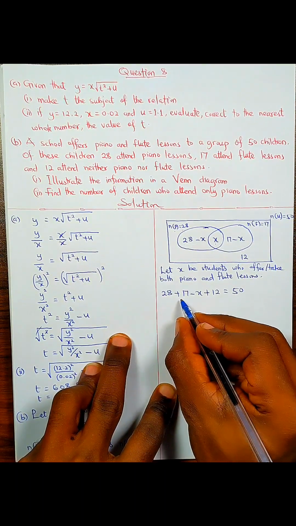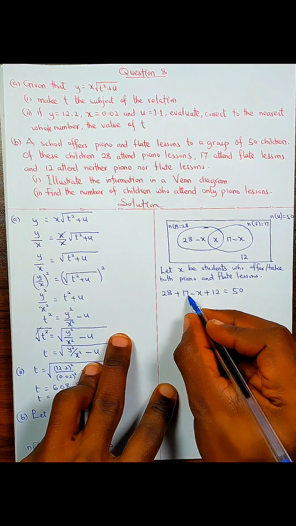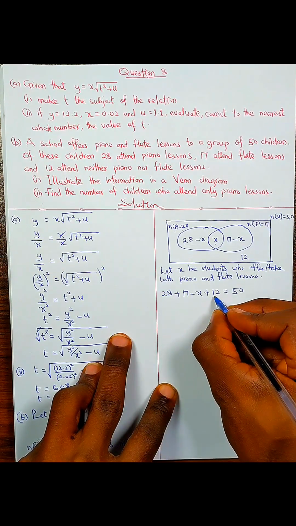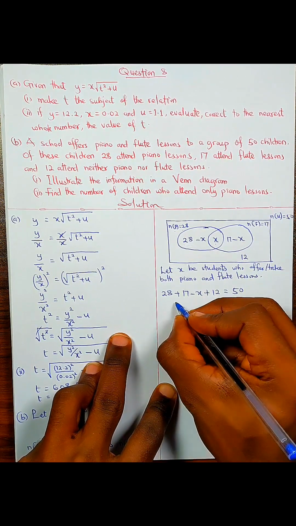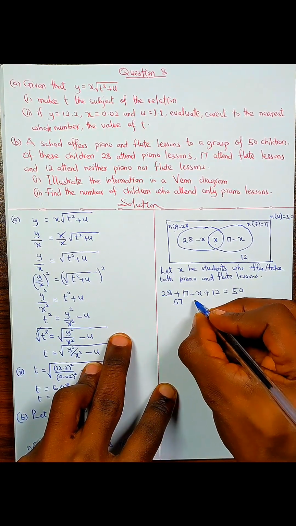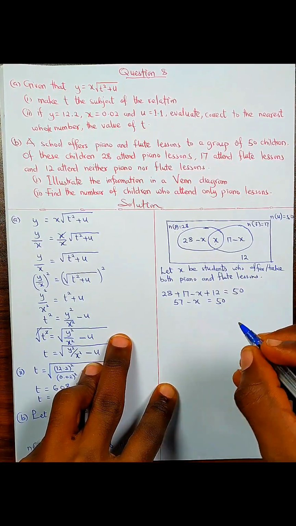Okay, so 28 plus 17 is 45. So we have 45 plus 12, which is 57. So we have 57 minus X is equal to 50.